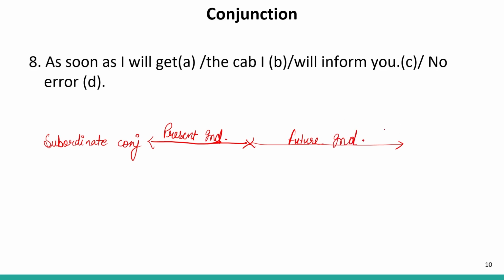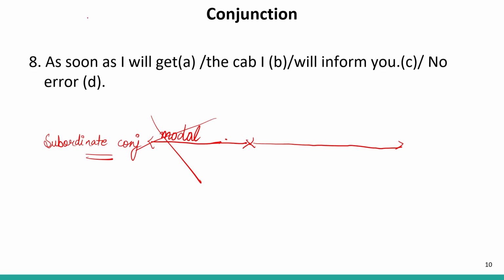It may also be future perfect. We cannot use any modal like will, shall, would, should just after the clause of a subordinate conjunction. That means in the conditional clause or the subordinate clause, modals like will, shall, would, should, can, could, may, might should be avoided.